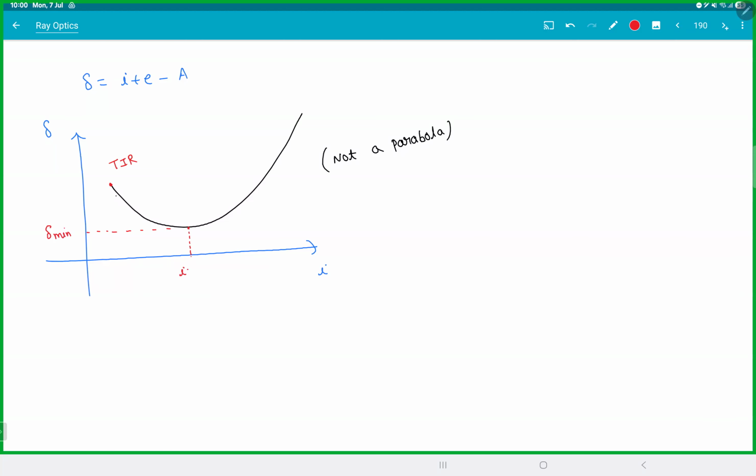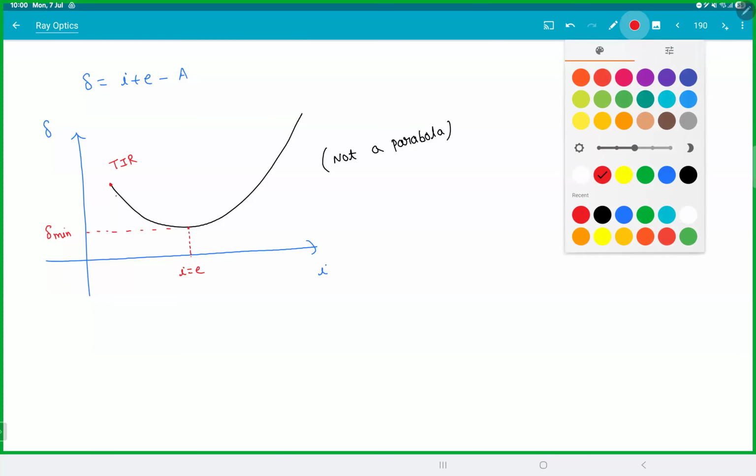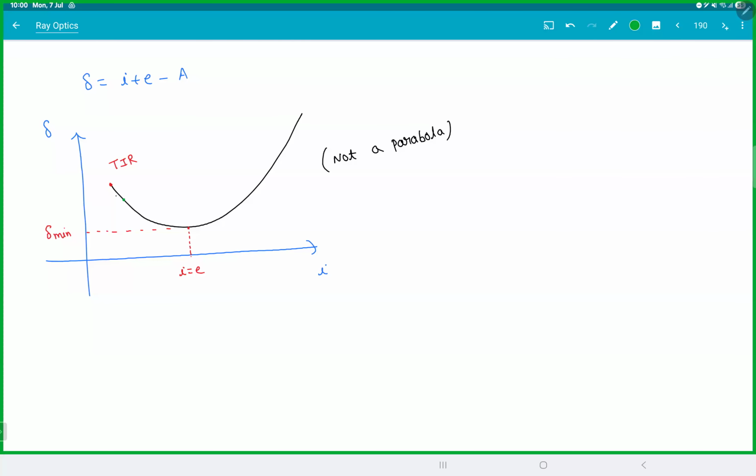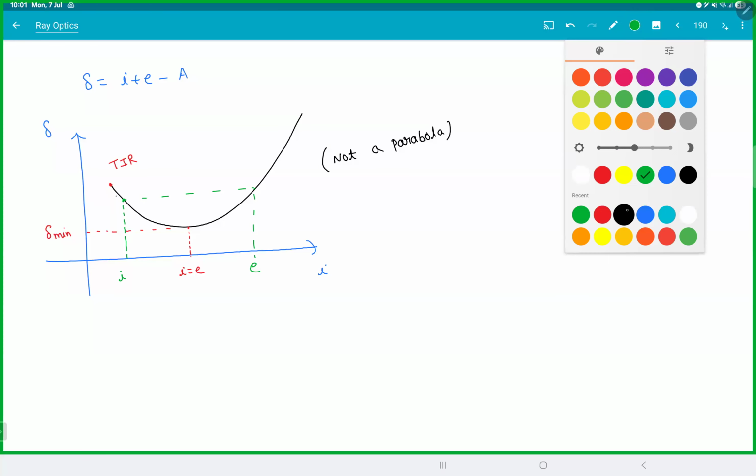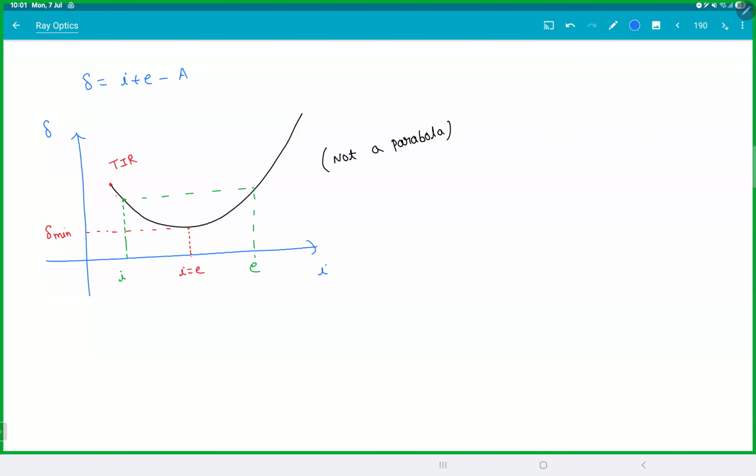This occurs when I is equal to E. We'll also notice something: for two angles, you get the same deviation. If this is I, you get the same deviation again for E. That is because if I and E are interchanged, you still get the same deviation.